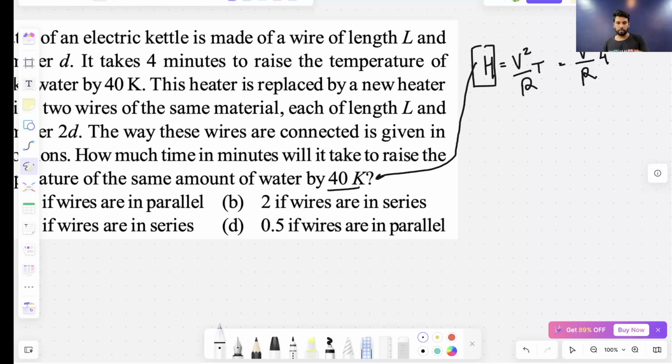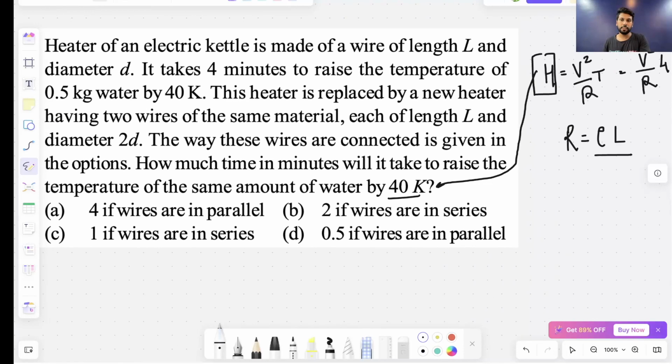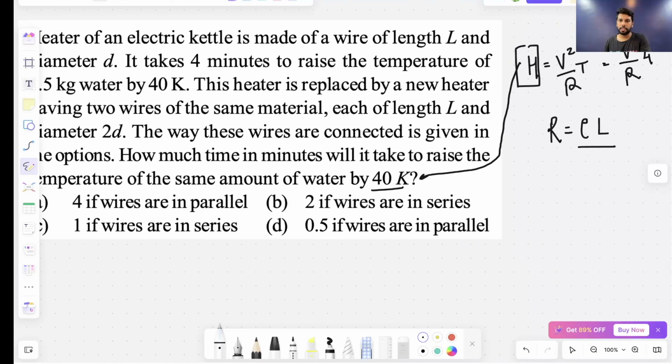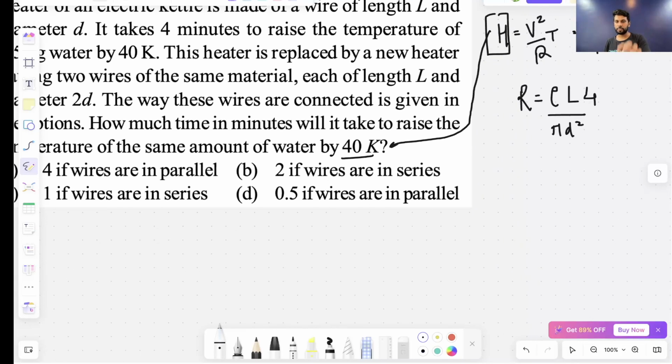Now I know that the resistance R which was used initially is resistivity into length divided by the cross-sectional area. Since the diameter is given, the area is pi d square by 4. The cross-sectional area is pi r square, but since it's the diameter, r is d by 2, so there is going to be a 4 on top. This is the resistance of the first wire, which could heat in 4 minutes.